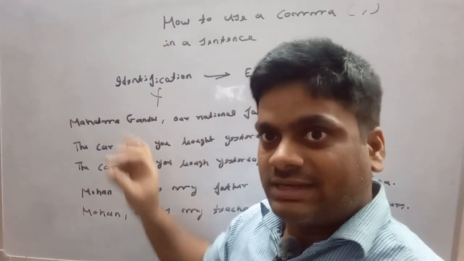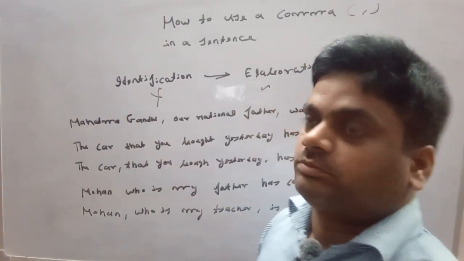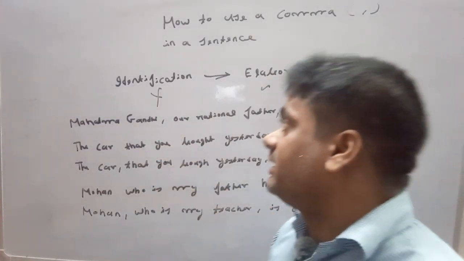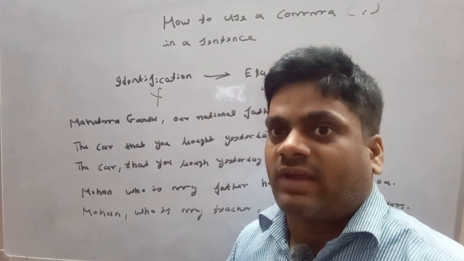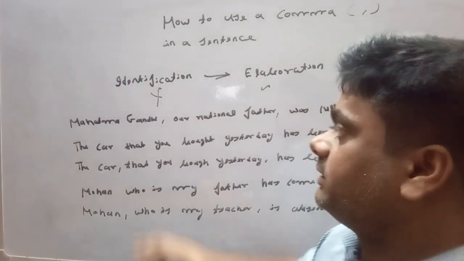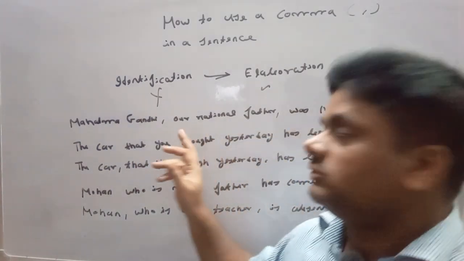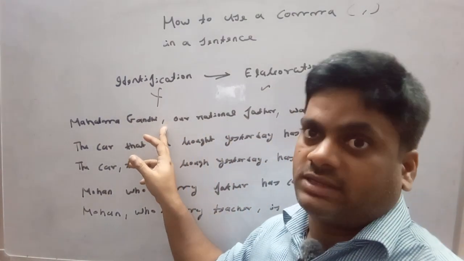The noun needs elaboration. So guys, here we can use a comma because we have elaborated the facts concerned with Mahatma Gandhi. Mahatma Gandhi, our national father, was killed. So here we can use a comma.